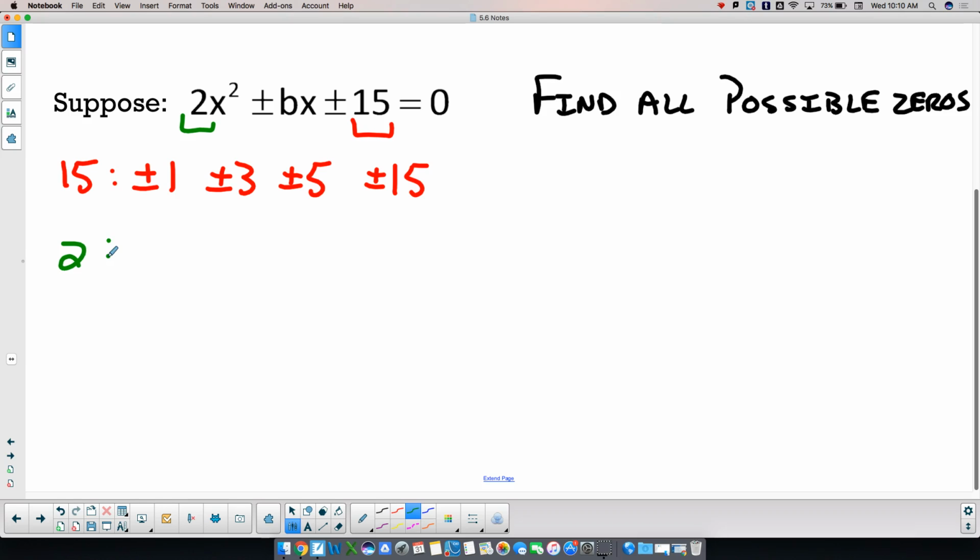Numbers that evenly divide into 2. Plus or minus 1 and plus or minus 2. Now I have to generate a list.